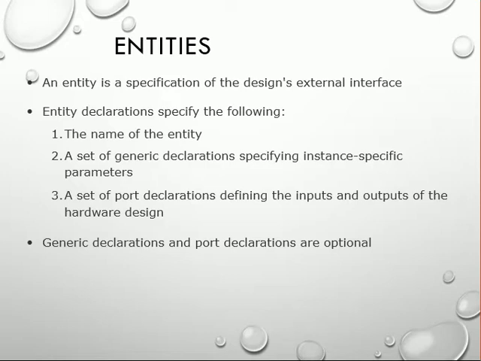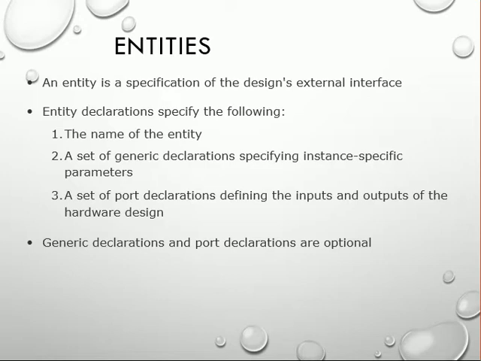Here, while declaring an entity, we need to specify first of all the name of the entity, then a set of generic declarations specifying instance specific parameters, and after that a set of port declarations defining the inputs and outputs of the hardware design.